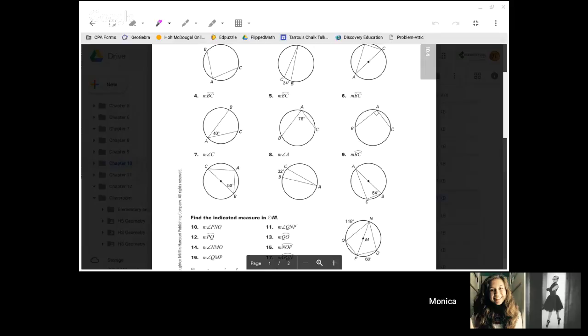Okay, so if it's a right triangle, which angle is the 90-degree angle? Okay, so we know that this is 90 degrees and we know that's 64. So can we figure out this angle here? Okay, so what would that angle be?